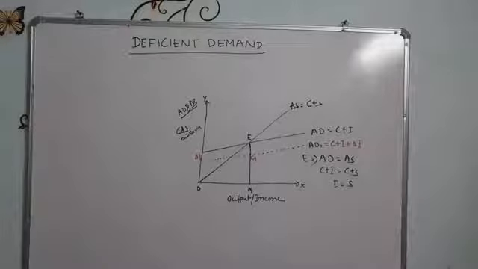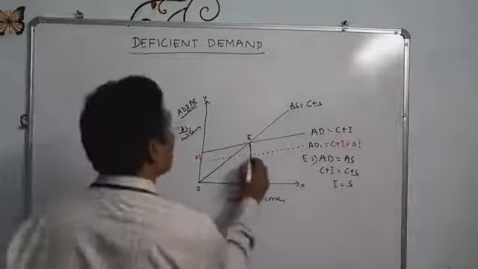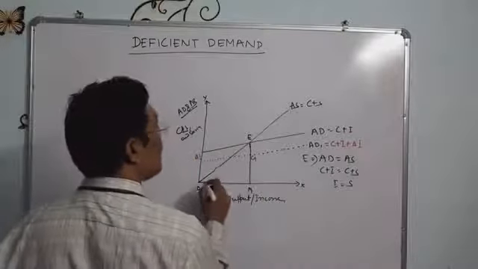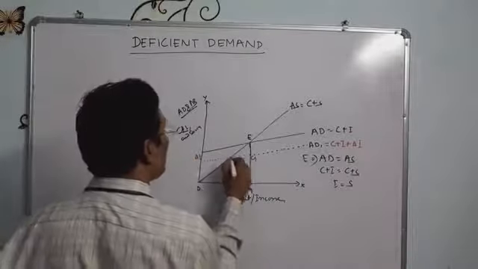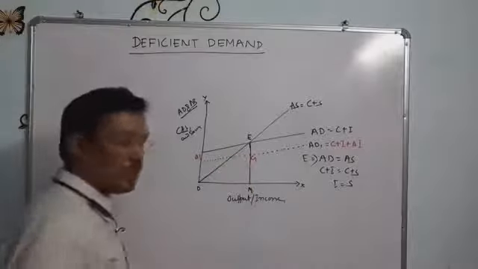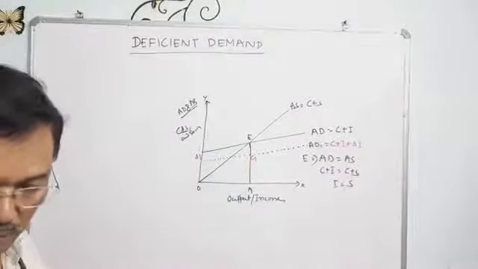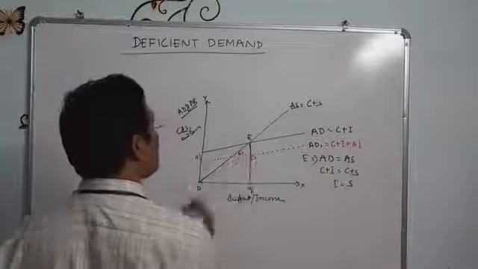This is the full employment situation. But this AD dash intersects at this point, that may be E dash.